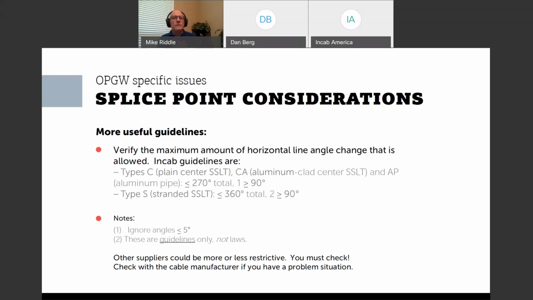So it's going to allow you to go up through the traditional NESC Rule 250B, the heavy, medium, light loading conditions, because that's defined at 60% as the limit. But the fiber will have a little bit of tension during the time that the tension in the cable has crossed that 50% mark. Does that make sense?